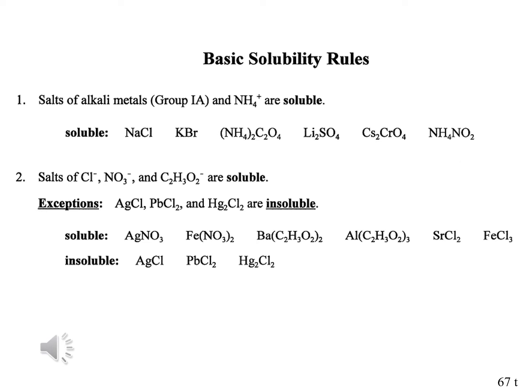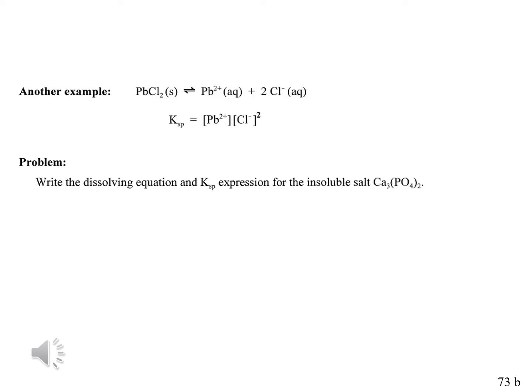Why is lead chloride insoluble, even though chloride is supposed to make everything soluble according to Rule 2? Lead chloride is one of the exceptions. So when you write that equation, the Cl minus is going to be squared. That's like any equilibrium constant, the coefficient you use as a power.